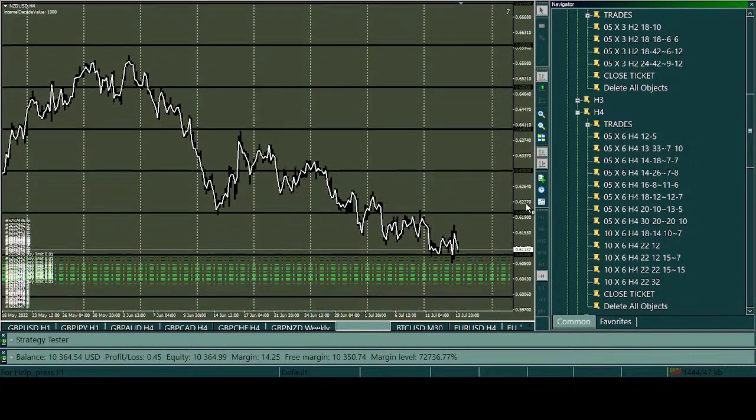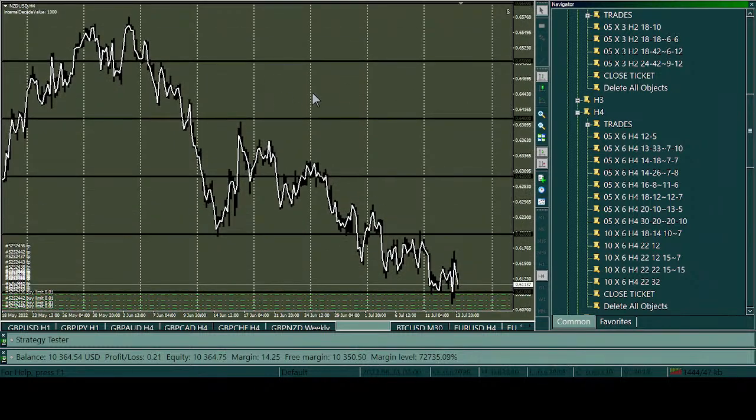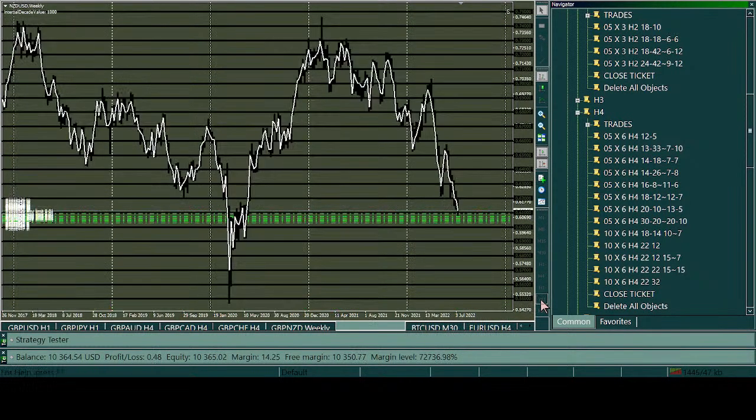Look at this. It's off the chart. This thing's just going to hell. It's terrible. If you can't find a place to buy, you have to go to the weekly chart, and then you can't even see your ticket rack.